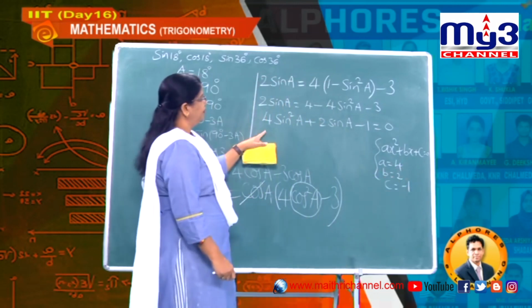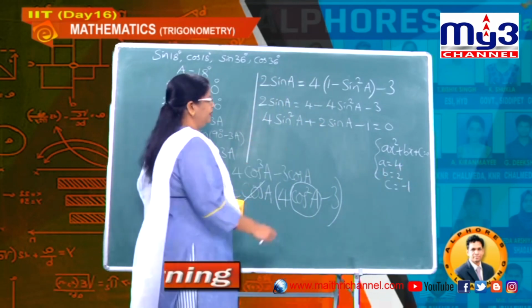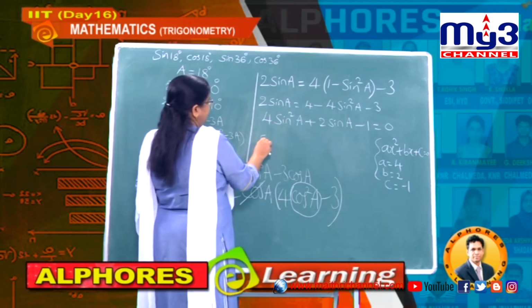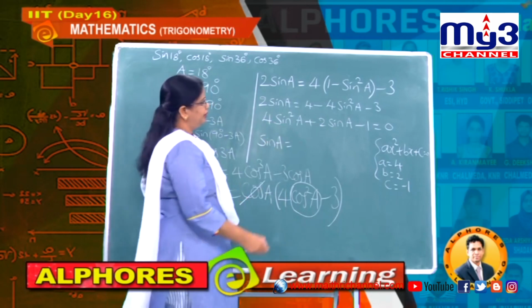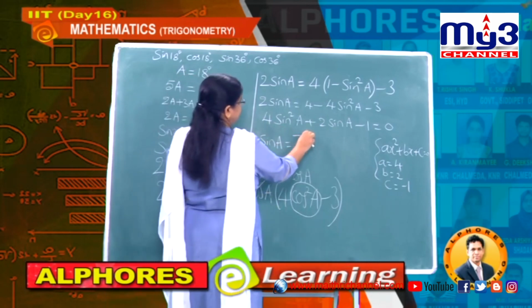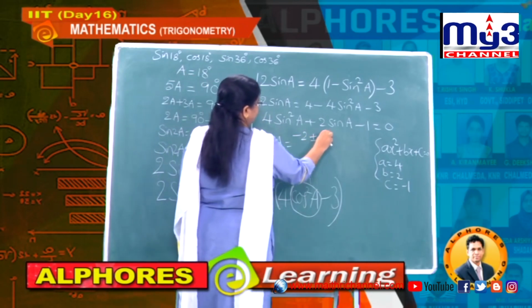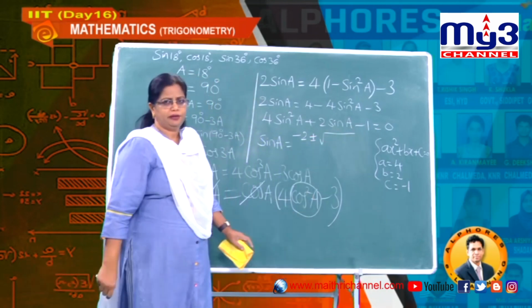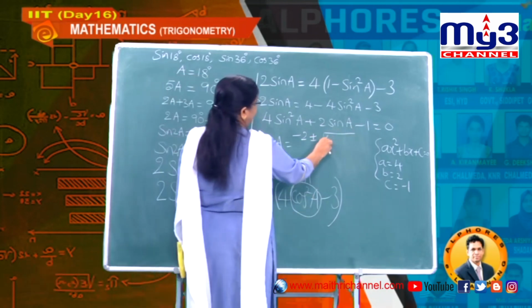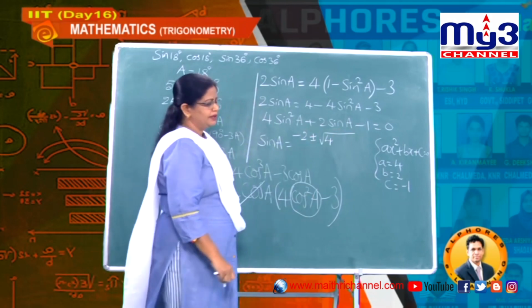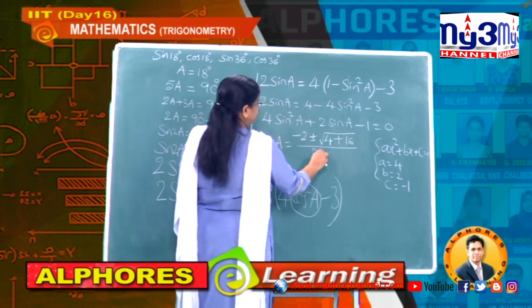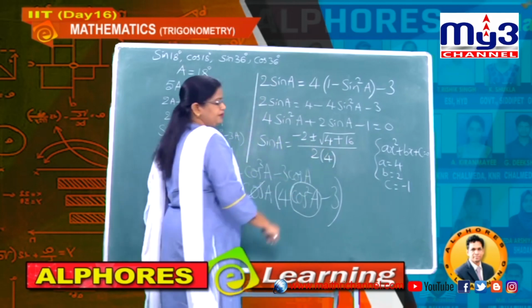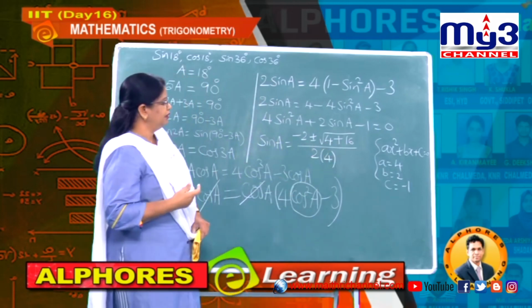Therefore, we use the quadratic formula with sine as the variable. Minus b gives minus 2, plus or minus the square root of b square, which is 4, minus 4ac. So here it will be plus 16, divided by 2a, that is 2 into 4. In this way you got the value.